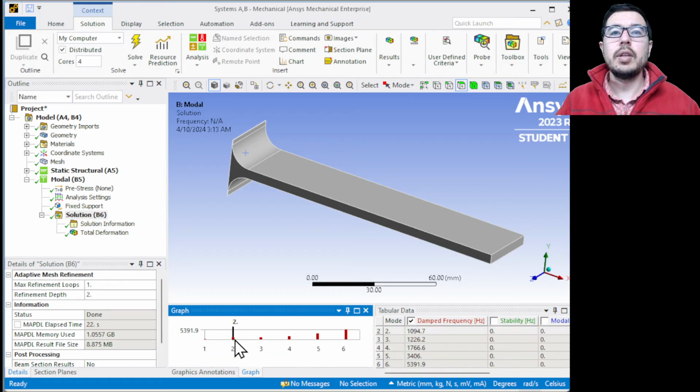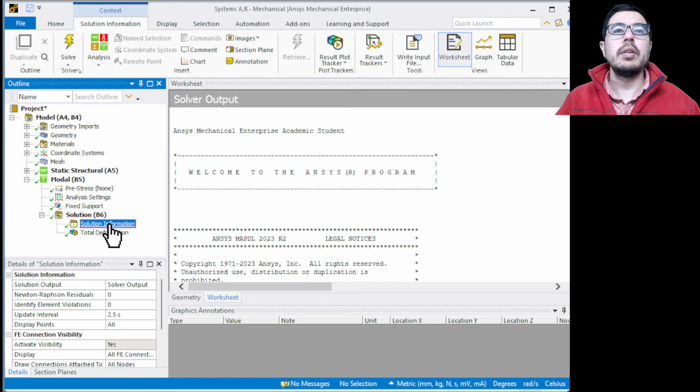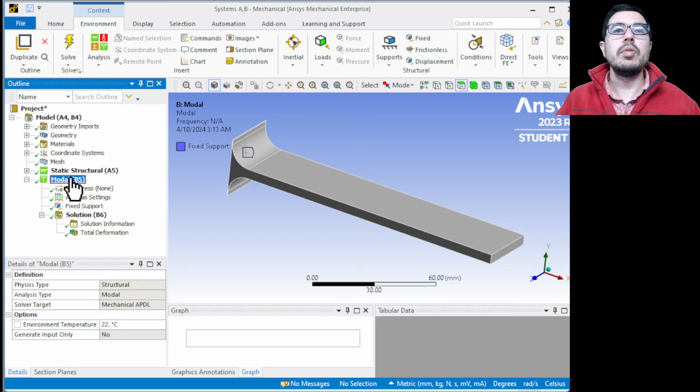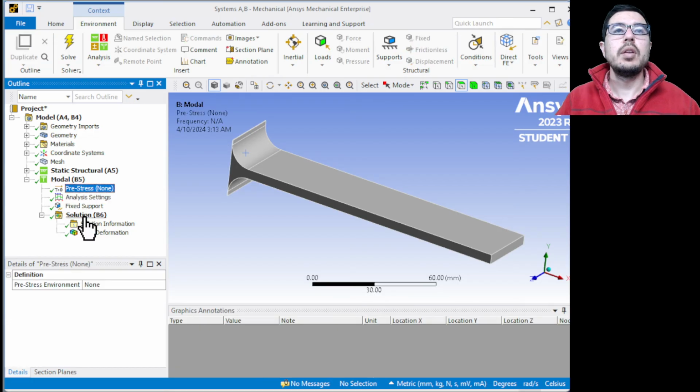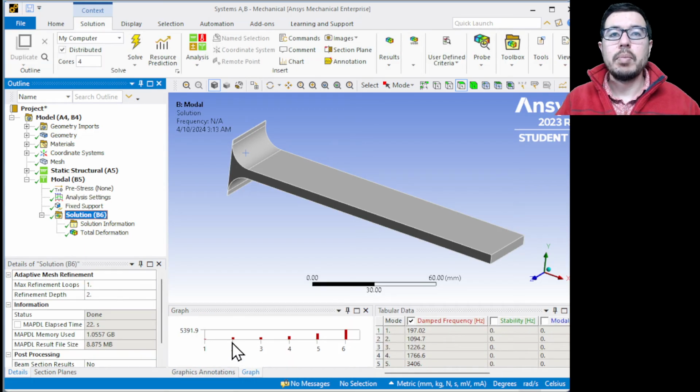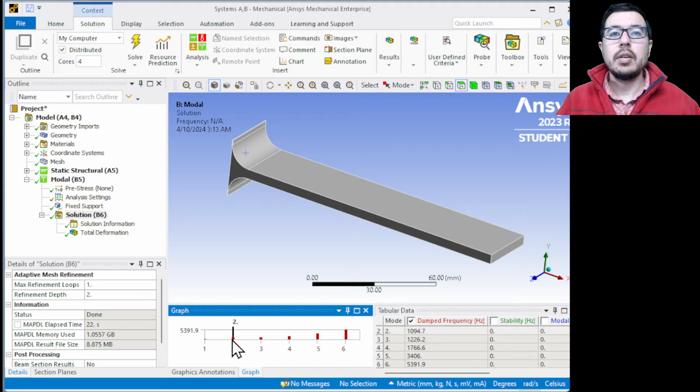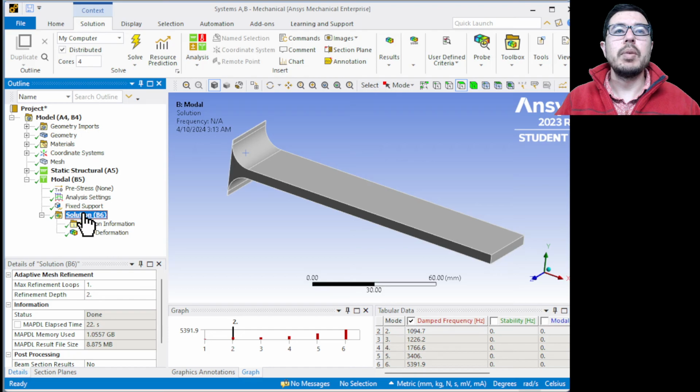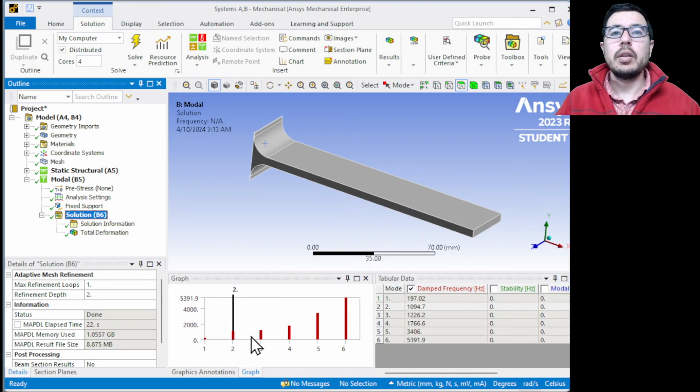No. What is going on here? I'm having trouble with my mousing. Create mode shape. I don't really want to create. I just want it to. My mouse, I'm having troubles. Okay.